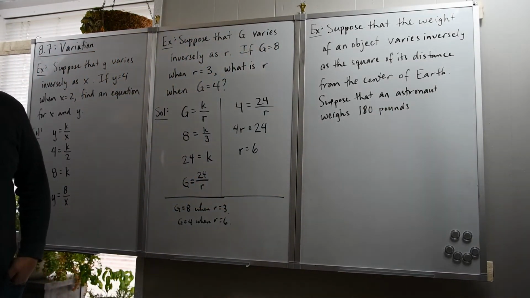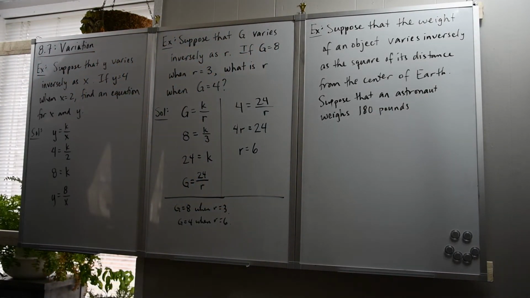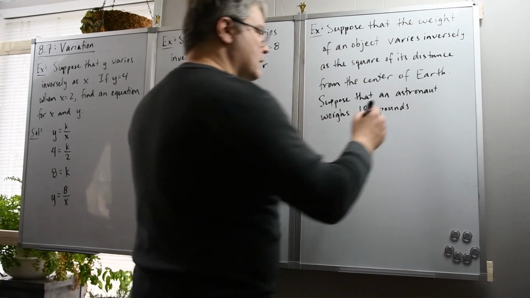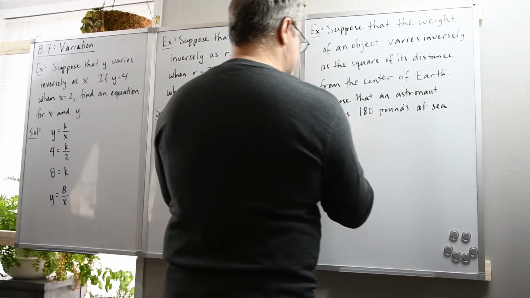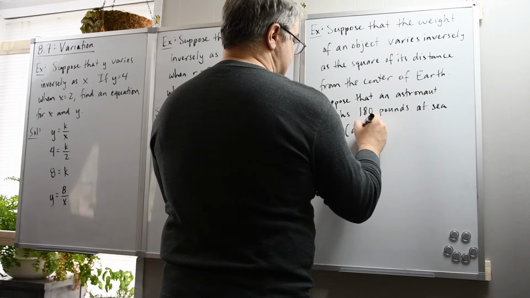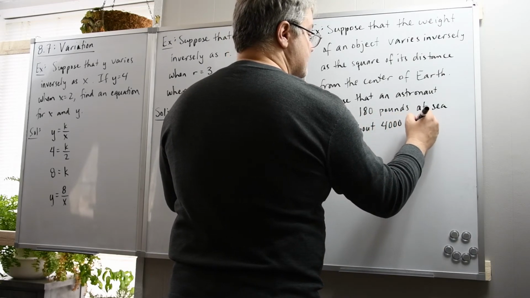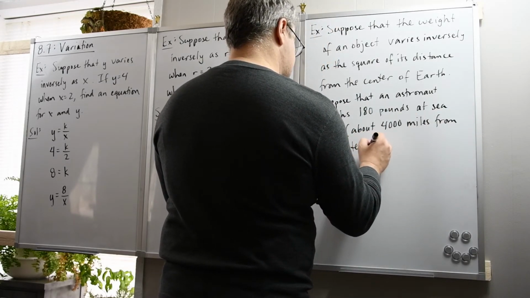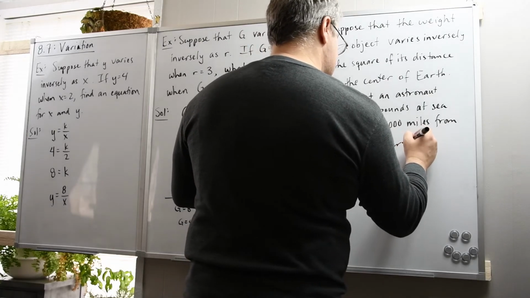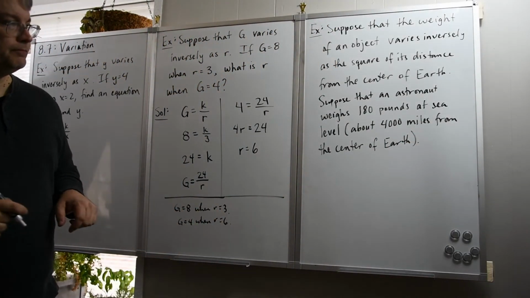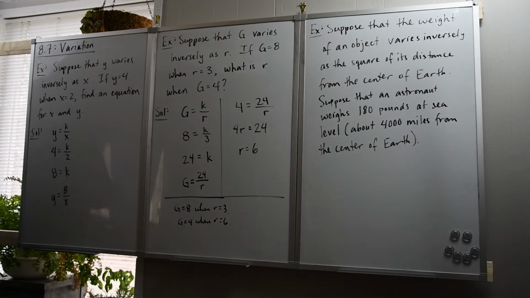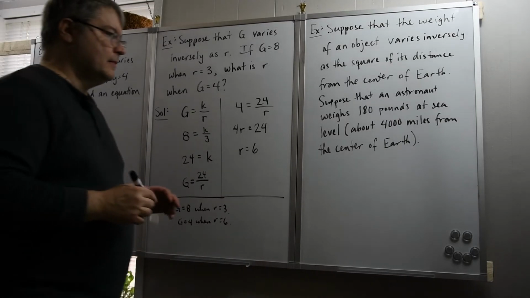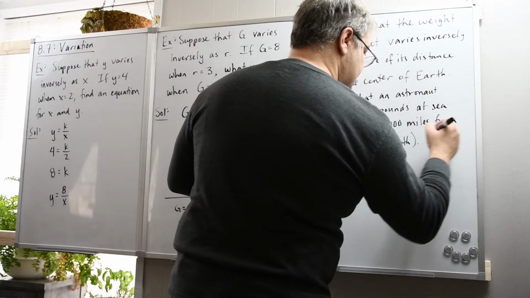But that weight is going to be at sea level, which we're going to see is about 4,000 miles away from our center. Now, let's suppose that this astronaut is 2,000 miles above the Earth's surface. How much does the astronaut weigh then?